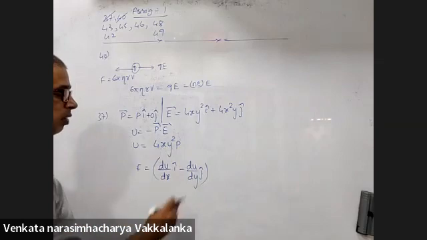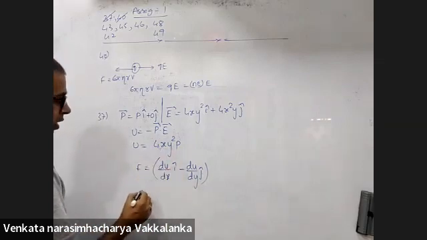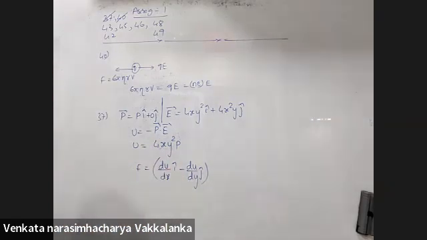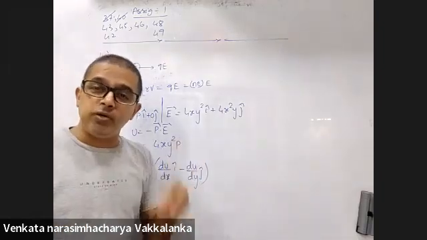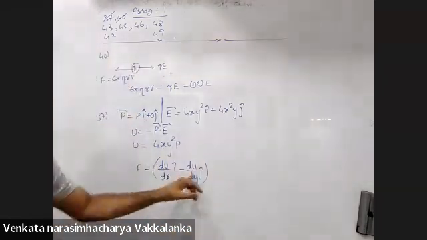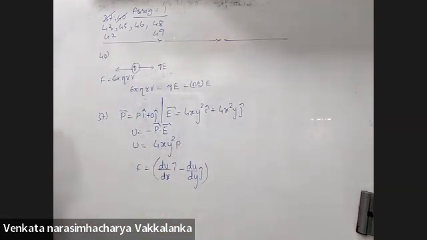Differentiate this with respect to y, put j cap. Can you? And final answer, he didn't ask in terms of i cap, j cap. He asked the magnitude. Final answer, root over of this square plus this square. Will you be able to do or not? Yes, sir, got it.